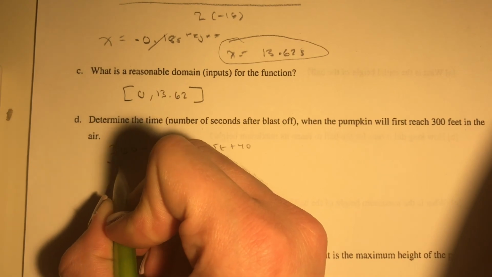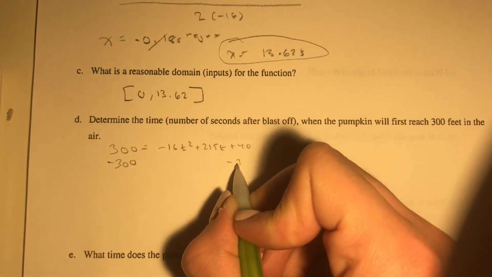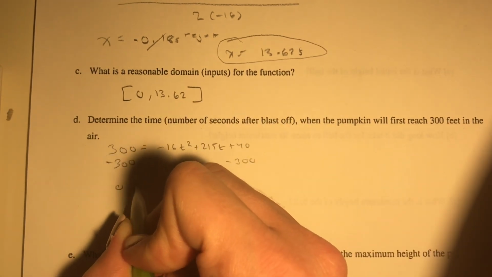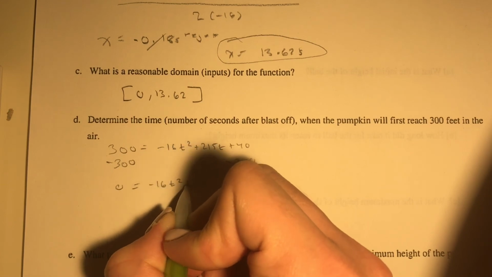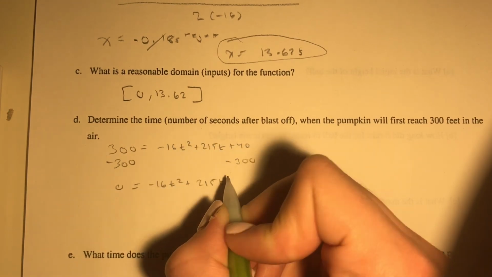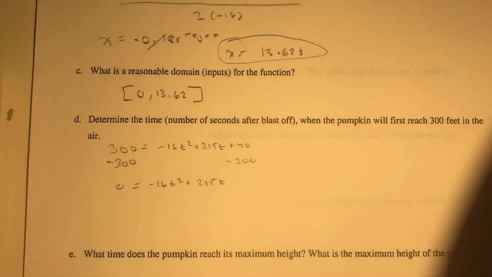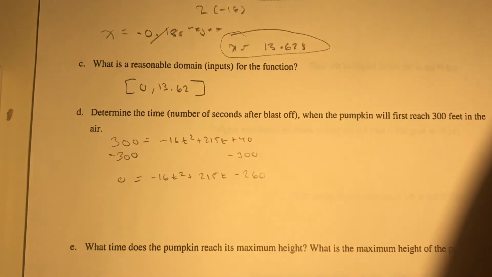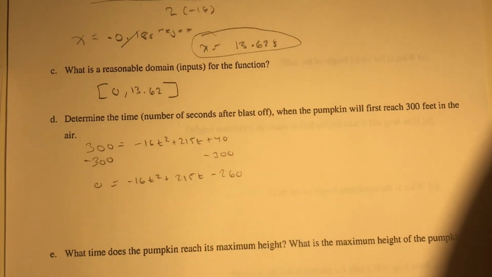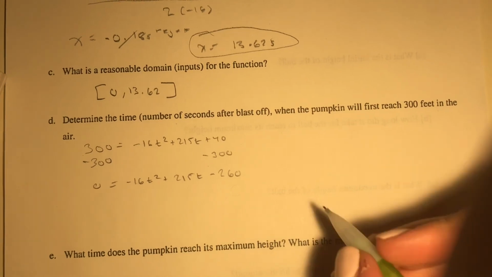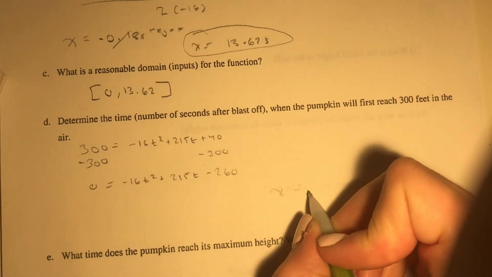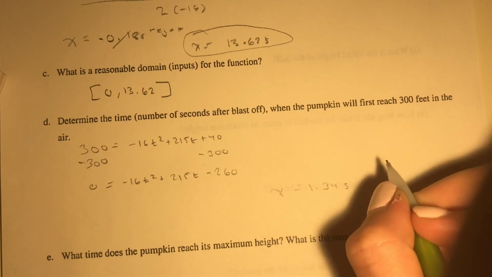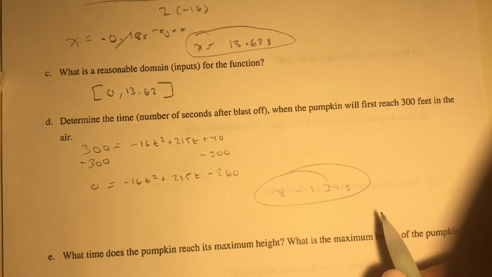We're going to subtract 300 from both sides. And we're left with 0 equals negative 16t squared plus 215t, and what is negative 300 plus 40? We get negative 260. Apply that quadratic formula and we get x equals 1.34 seconds.